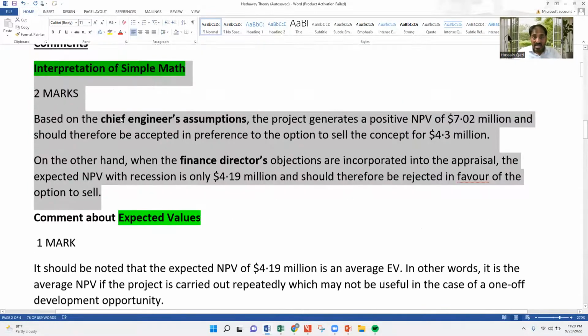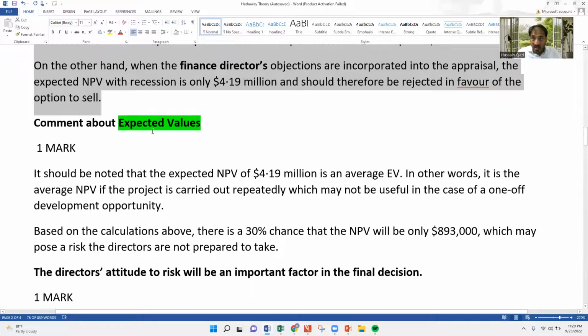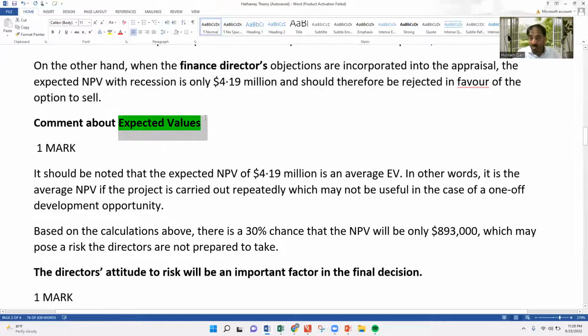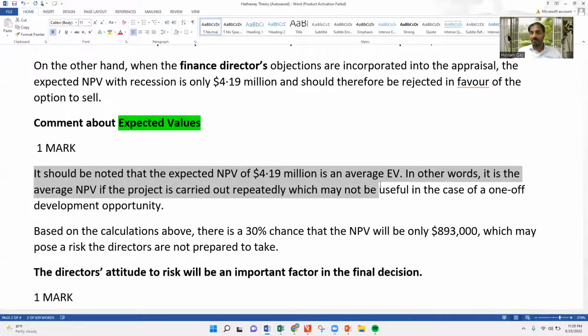Number 2, after this, you have to critique the expected values. It should be noted that the expected NPV of 4.19 is an average. That's where you critique. In other words, it is the average NPV if the project is carried out repeatedly, which may not be useful in the case of a one-off development opportunity.